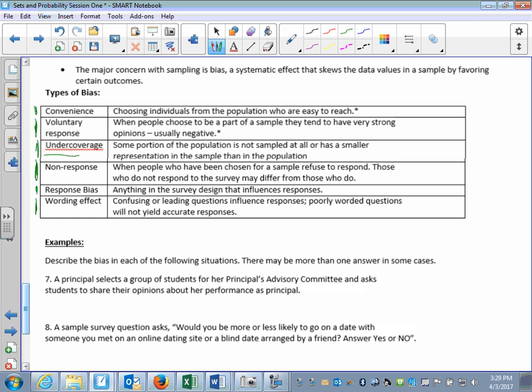Number 8, a sample survey question asks, would you be more or less likely to go on a date with someone you met on an online dating site or a blind date arranged by a friend? Answer yes or no. Sample, let's see, they don't say how it was collected.